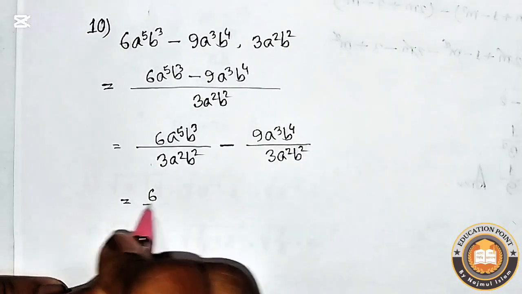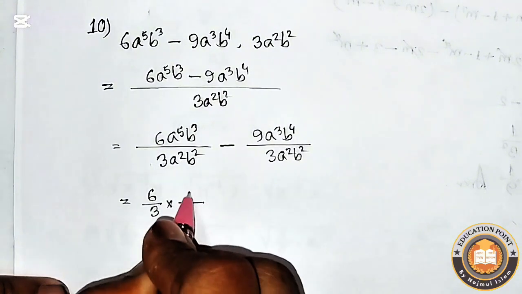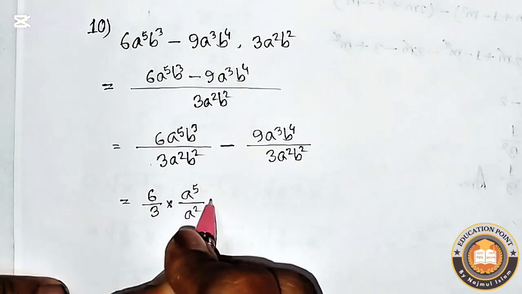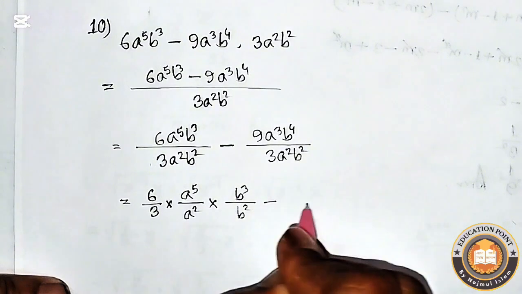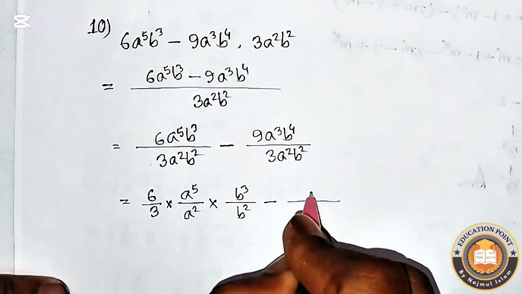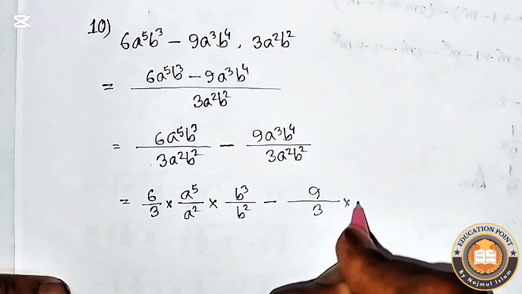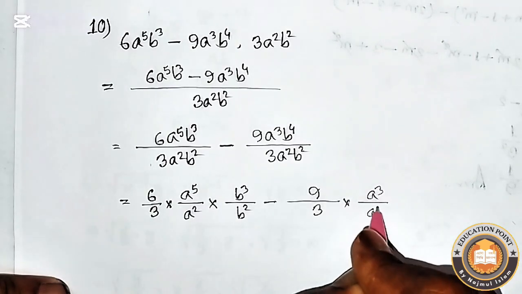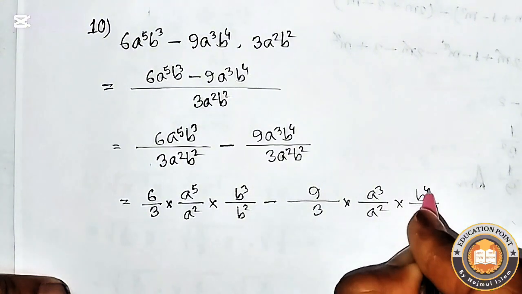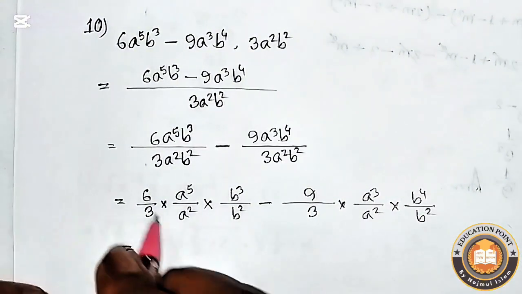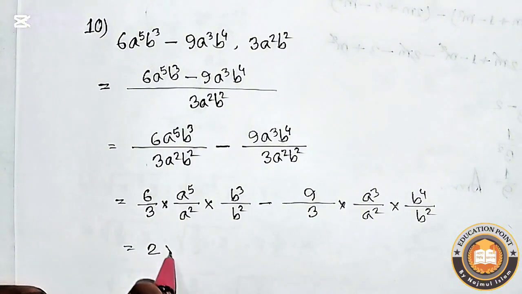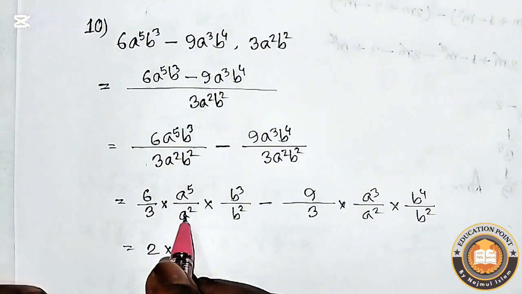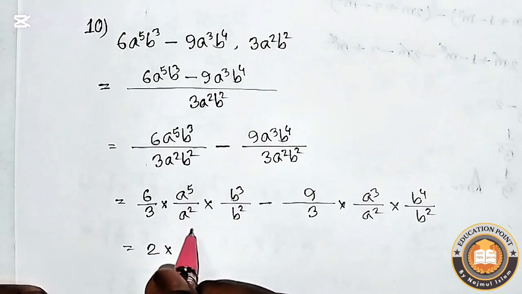So we can write 6 divided by 3 multiply a to the power 5 divided by a square multiply b cube divided by b square, minus 9 by 3 into a cube by a square into b to the power 4 by b square. 6 divided by 3 equals 2, into here similar base a, and it is connected by a divided sign, so their power will be subtracted.